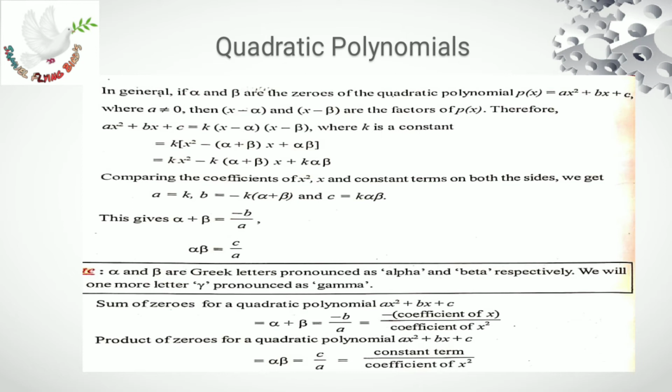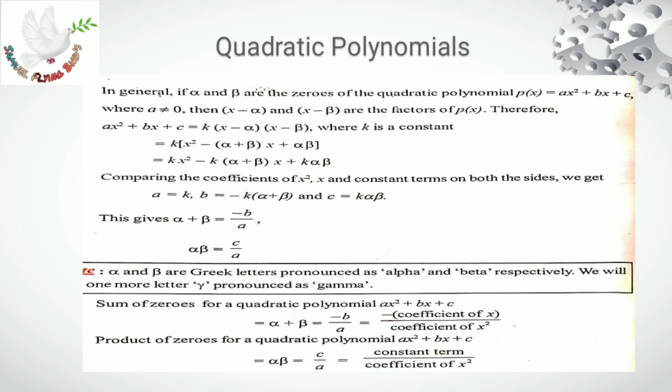By comparing this expression with the given expression of p of x, we notice that a equals k, b equals minus k into alpha plus beta, and c equals k into alpha into beta. This gives alpha plus beta equal to minus b by a and alpha beta equal to c by a.